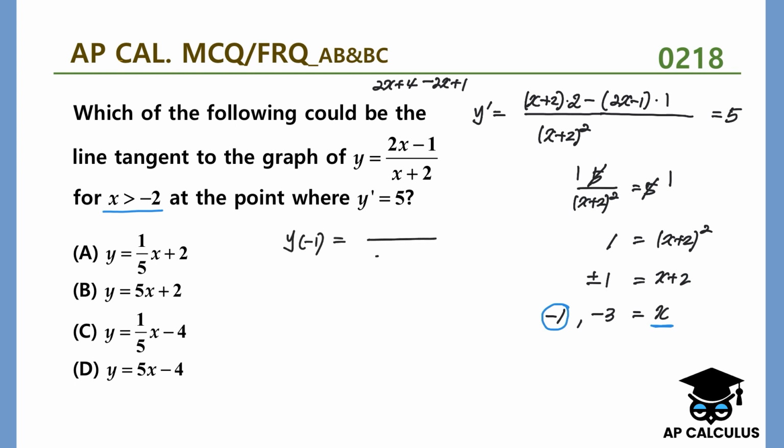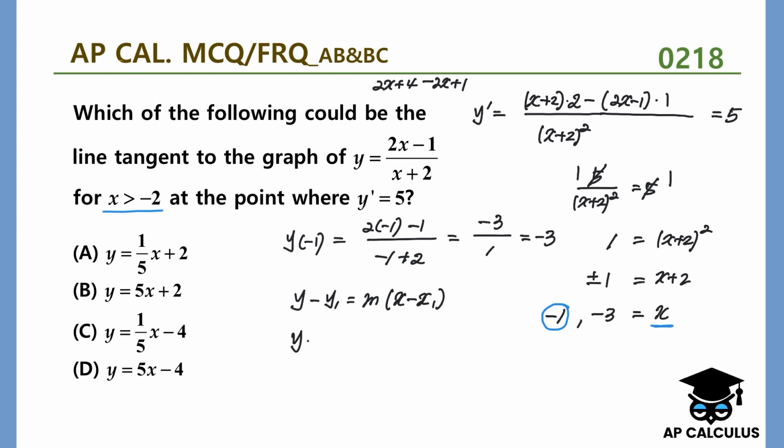Y is equal to negative 1 plus 2 in the numerator, over 2 times negative 1 minus 1 in the denominator. So that's going to be 1 over negative 3. So y is negative 3, right? So our equation, using point slope form, y minus y1 is equal to slope m times x minus x1. We already know the slope is 5.